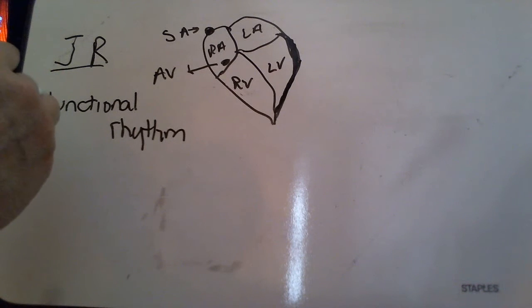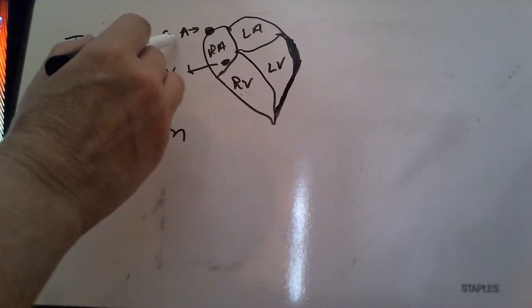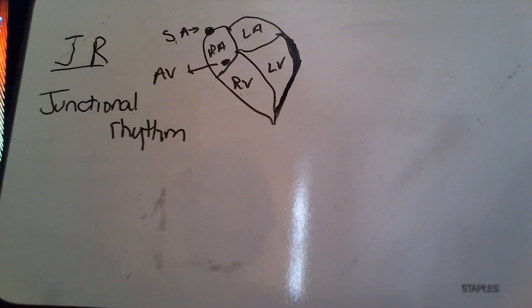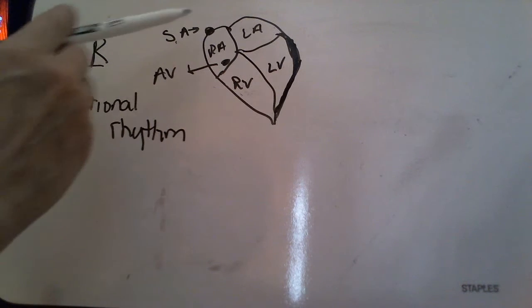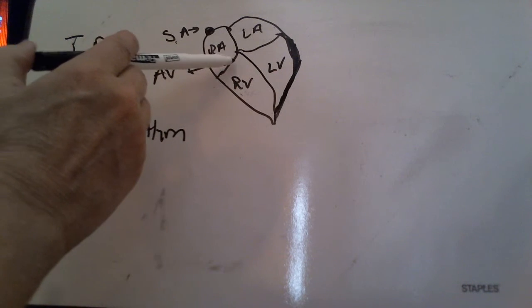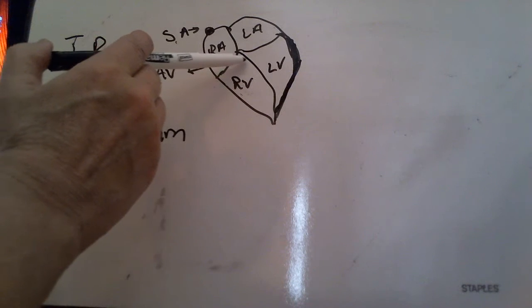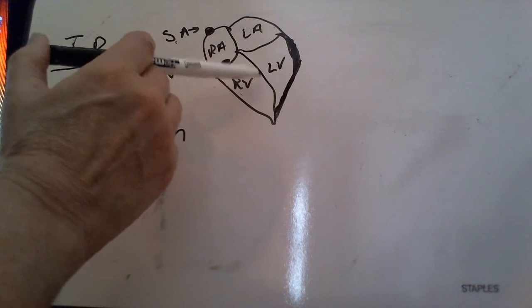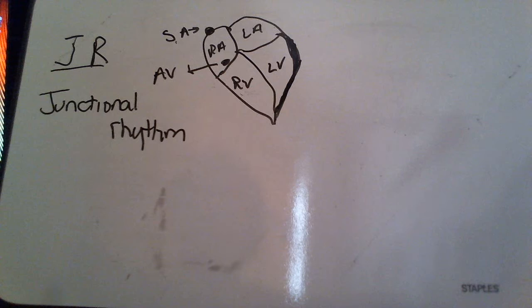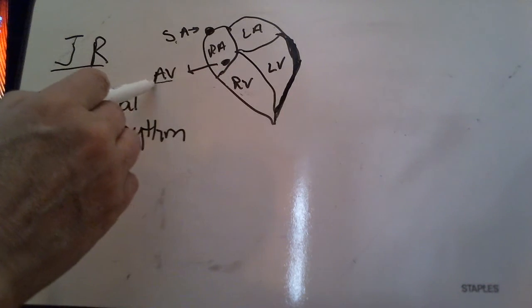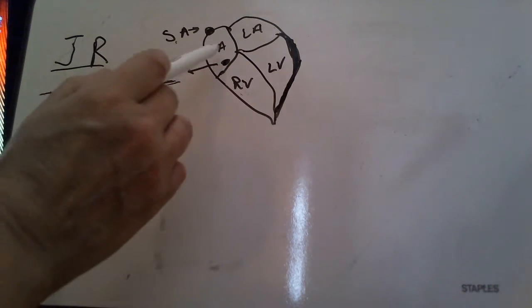Remember, our sinus rhythms all originate in the SA node, and then they come down to the AV node, go into the bundle of His, and then into the Purkinje fibers. What happens with a junctional rhythm is that the rhythm actually originates in the AV node.